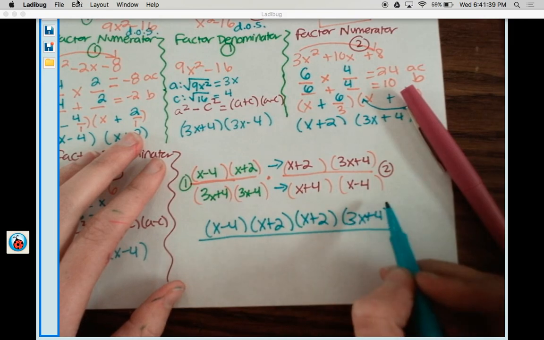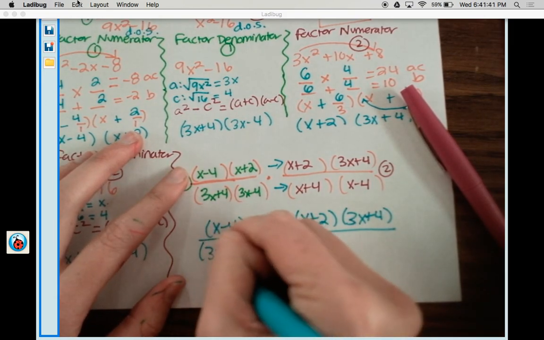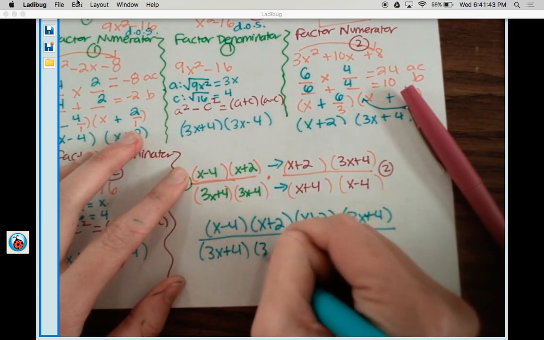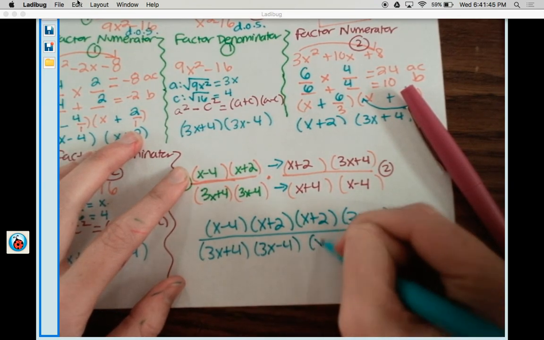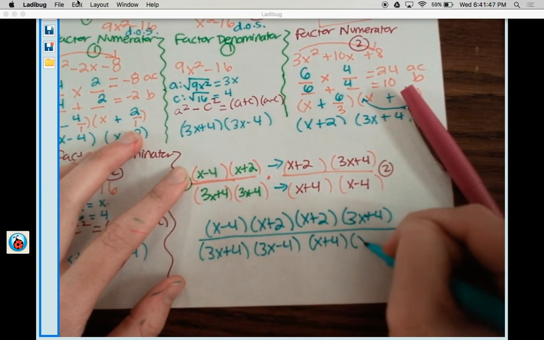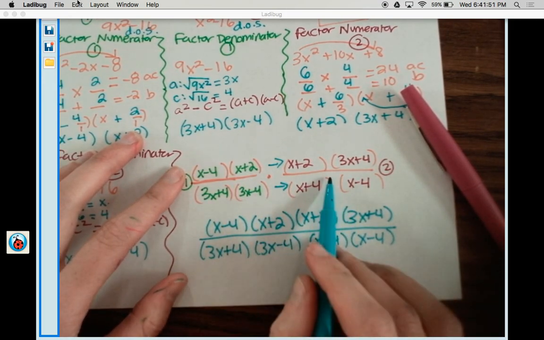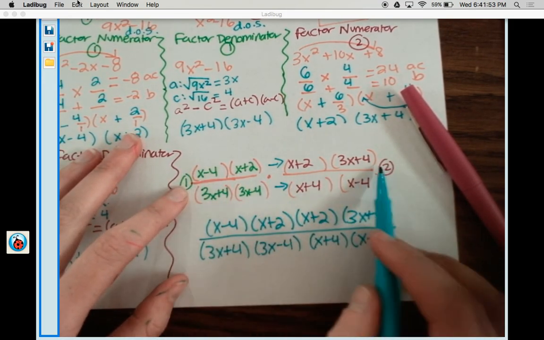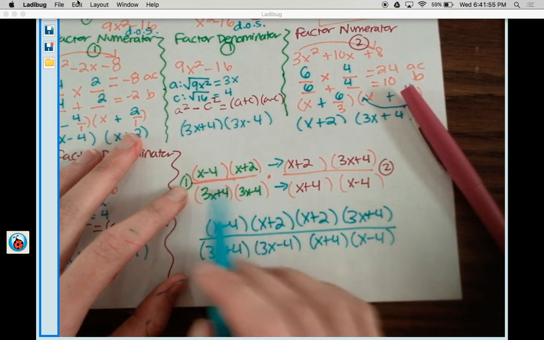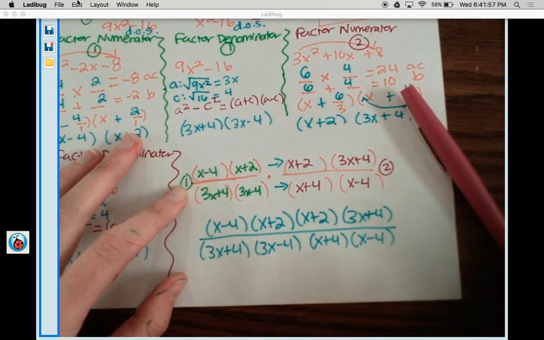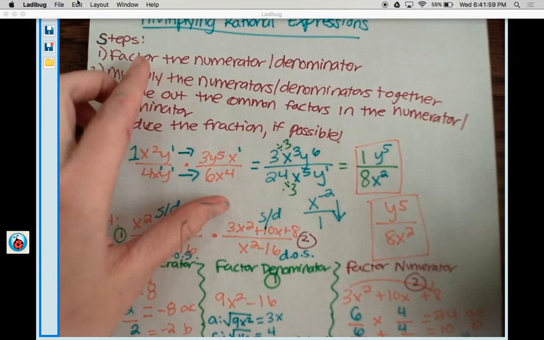Now I'm going to write all the denominators: 3x plus 4, 3x minus 4, x plus 4, and x minus 4. Again, when you multiply straight across, just list all the factors up top in the numerator and all the factors of the denominator down below. That step is done.